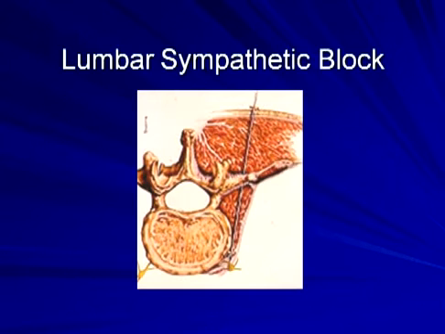Lumbar sympathetic block, and we'll close it up shortly. Here's a sympathetic ganglia in the lumbar region. Sympathetic ganglia are located in the anterolateral aspect of the vertebra. It's in a fascial plane that is away from your somatic nerves.